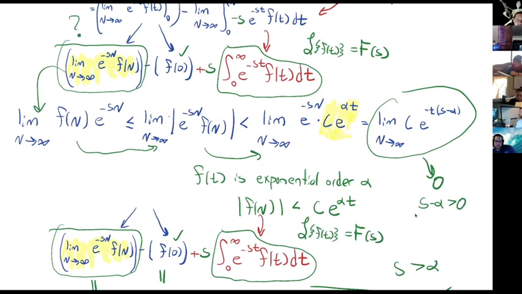Over here we are saying that f of n, so sorry, this should be an n over here. You're right. And this should be an n over there, because our variable here is n. So yeah, we're going to put an n over there. Okay.